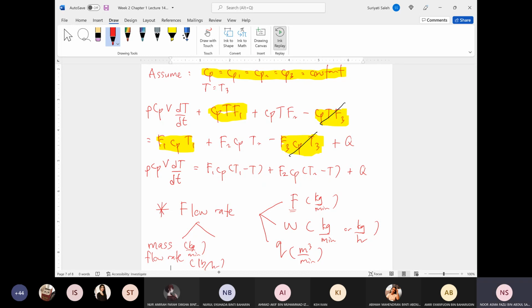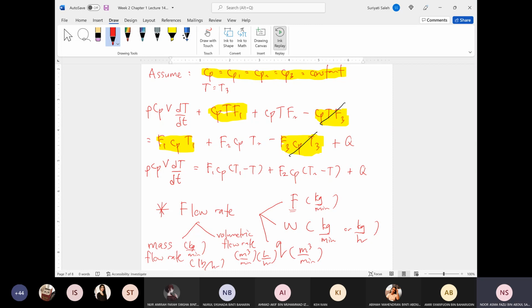And another form is the volumetric flow rate. Volumetric flow rate is normally based on volume over time, let's say meter cube over minute, or sometimes liter per hour. So this is the unit used for volumetric.